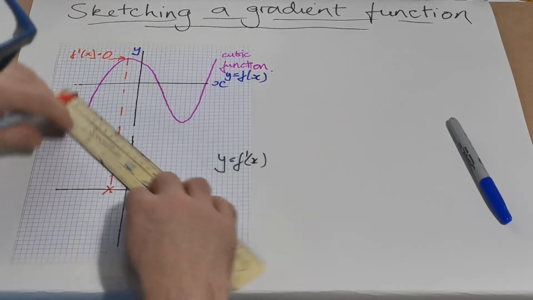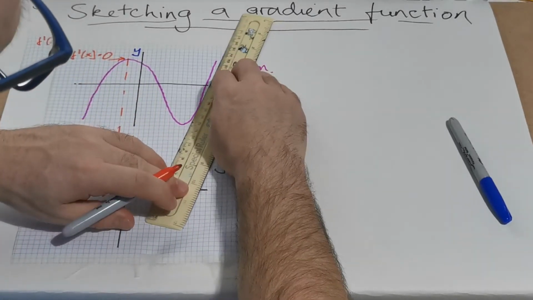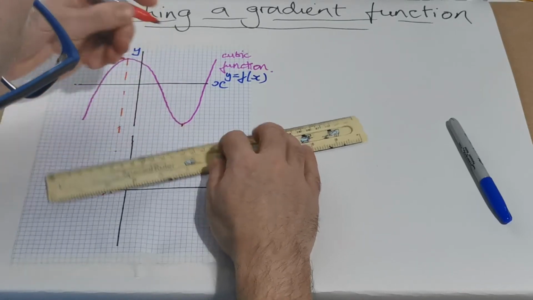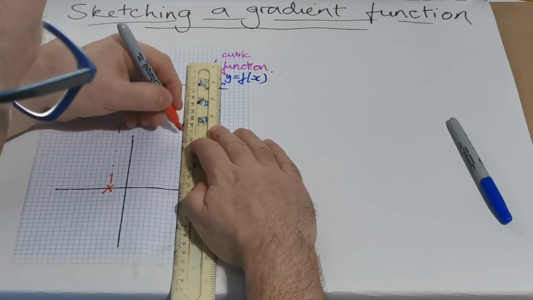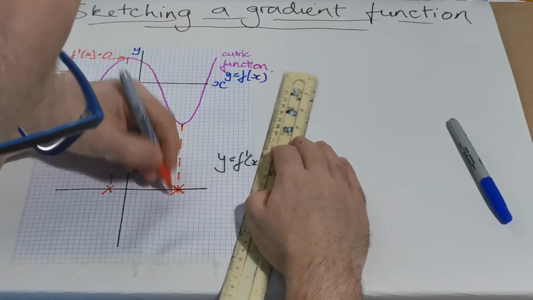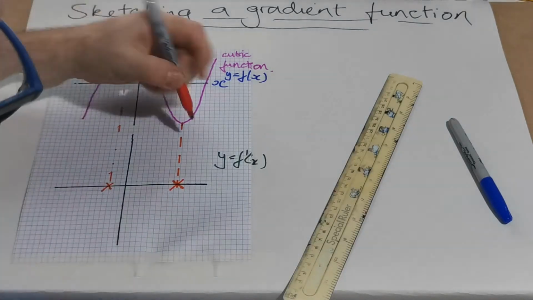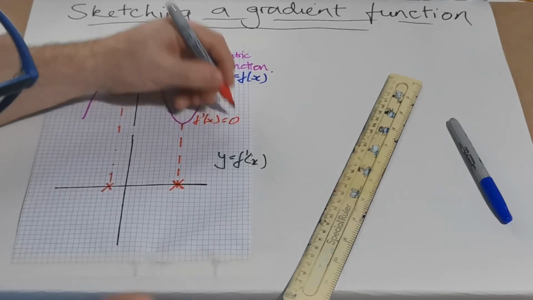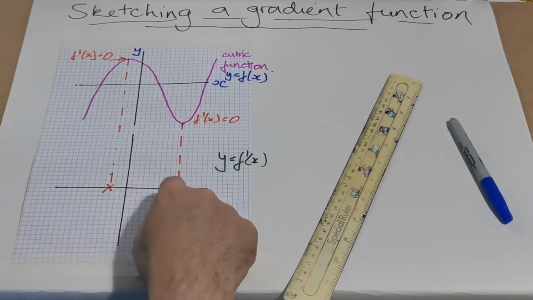And also, when we come around here, decreasing function going to an increasing function, at this point here, I've got a gradient of 0 again, because that's a minimum. And so I know that on this axis, I'm going to cross through these 2 points.